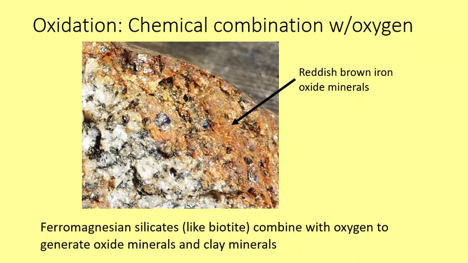Minerals like limonite and hematite, for example, are common oxide minerals. Obviously, oxidation is going to be most important for the ferromagnesian silicates like biotite, because it's these kinds of minerals that are going to be most enriched in iron and magnesium, which are themselves most susceptible to oxidation.